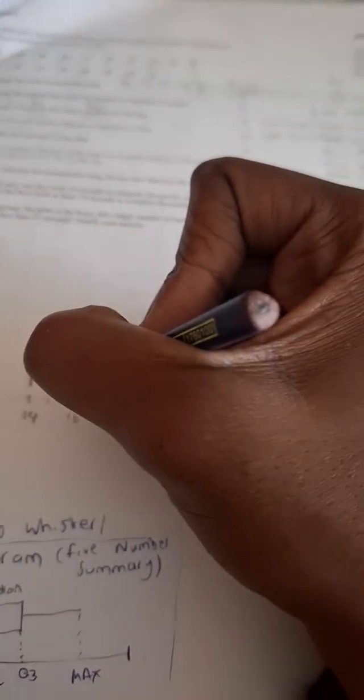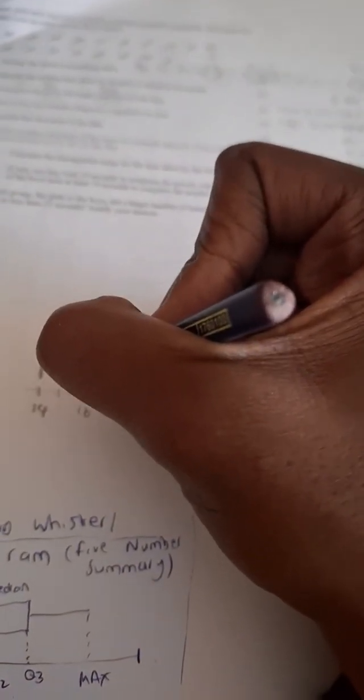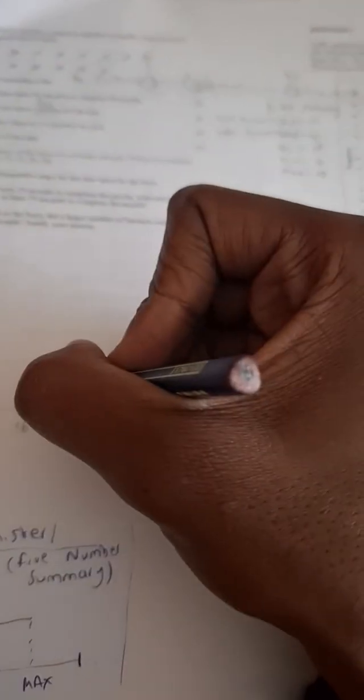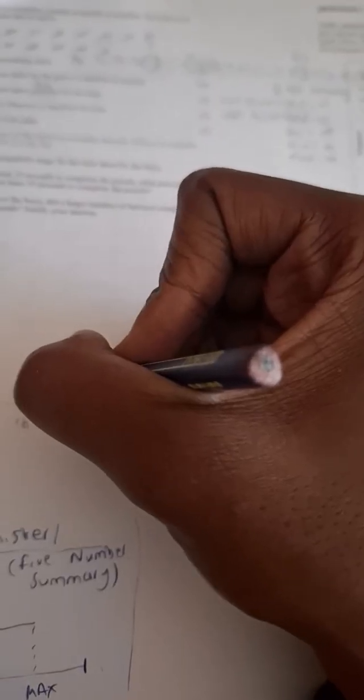But it must be a scaled axis, so that when you come now and you draw your box and whisker, remember your minimum is 14. So this is where your box and whisker starts. Your Q1 is 17. 17 is midway, Q2 is 19. 19 is midway between 18 and 20.